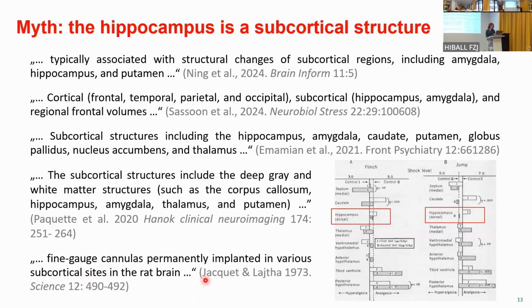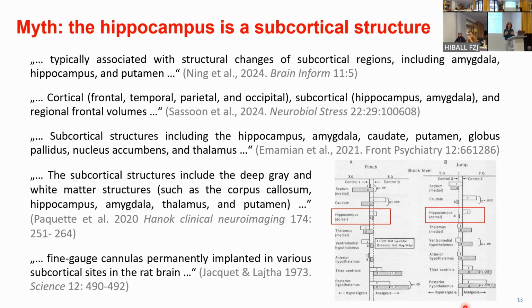In this Science article, they didn't write in the text that the hippocampus is a subcortical structure, but the entire article was about changes in subcortical structures. In their table, they have a list of the subcortical structures that they analyzed, and you can see the hippocampus here, okay? So if you read anywhere that the hippocampus is a subcortical structure, it's wrong, okay?